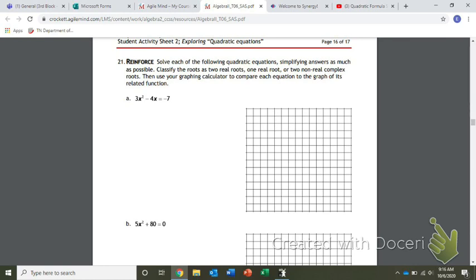So, go ahead and write b squared minus 4ac. All right, we got a equals, b equals, and c equals. So, quadratics have to be set equal to 0. Is it set equal to 0? No, it's not. So, we have to change something. Let's move this 7, both sides.